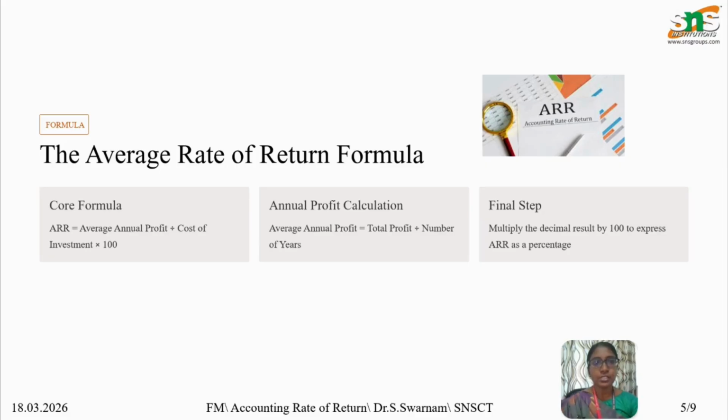Average profit means the total profit divided by the number of years. In case my company has 5 years of profit, I add all the 5 years' profit and divide it by 5. That is called the average profit. So total EAT divided by the number of years is the average EAT. Average EAT divided by original investment into 100 is the formula for average rate of return, which is always expressed in percentage.